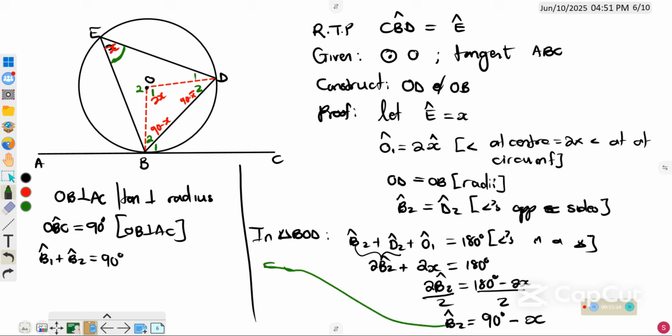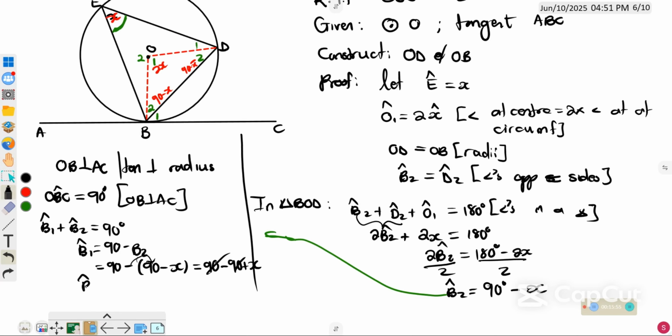So we carry this here, which gives us angle B1, which is 90 minus B2. But remember B2 is 90 minus x, so 90 minus, expand that, minus 90, and this times that, which is plus x. So this cancels that, and we end up with angle B1 being equal to x as well. But remember, angle B1 is none other than the angle CBD, the one that we are looking for. So that's the proof.